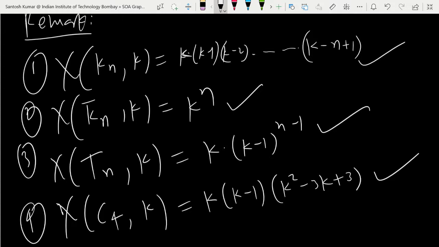So another way to count the colorings is, what we did for the C4.